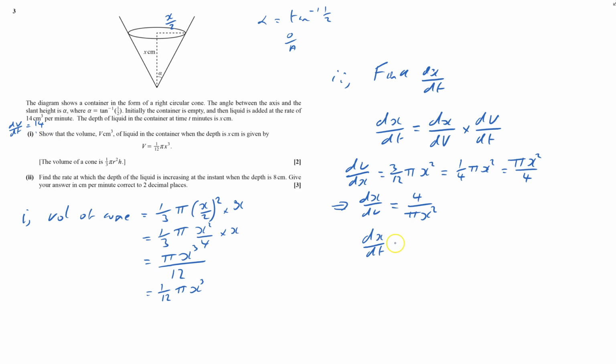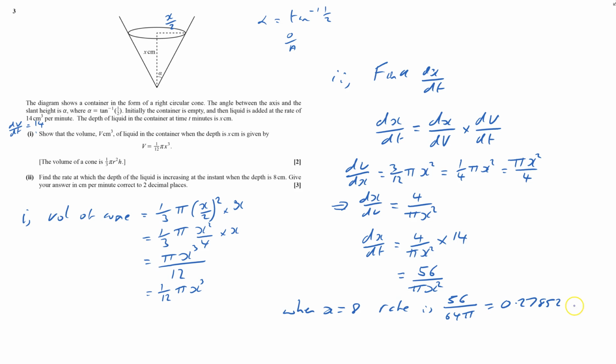dx by dt equals dx by dV, which is 4 over pi x squared, times dV by dt, which is 14. So this equals 4 14s, 56 over pi x squared. It wants me to have it when the depth is 8. So when x equals 8, the rate is 56 over 64 pi, which equals 0.27852.